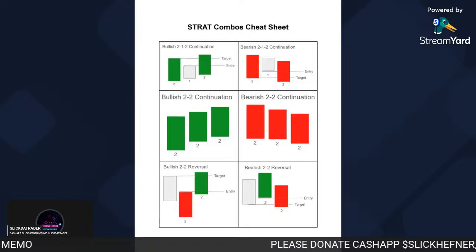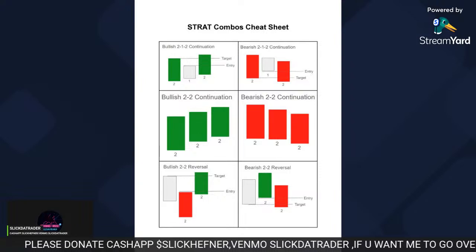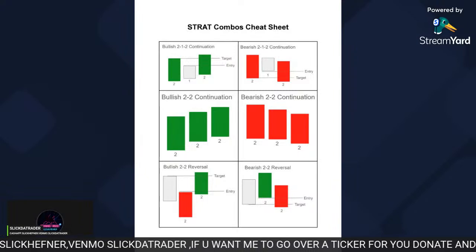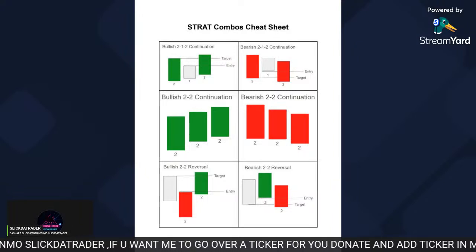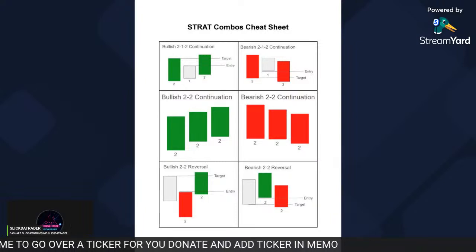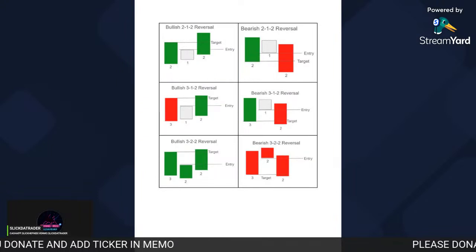I don't like to enter on these. These are basically just continuous candles going up or going down from a move of like a 2-1-2 or 3-1-2, etc. You also have 2-2-2 bearish reversals, and you have 2-2-2 bullish reversals. So that's just a quick view of how the strat works.